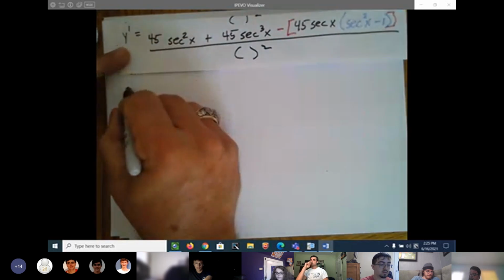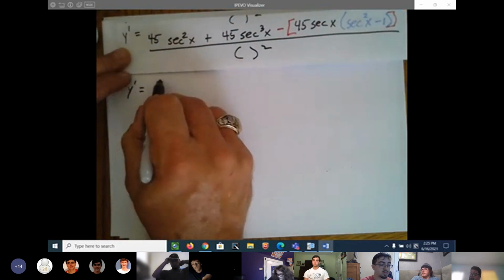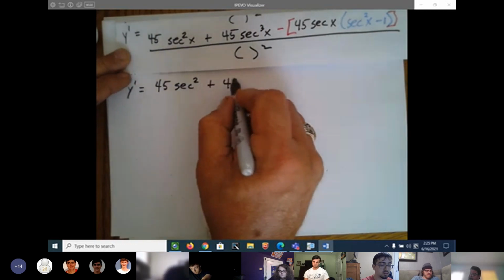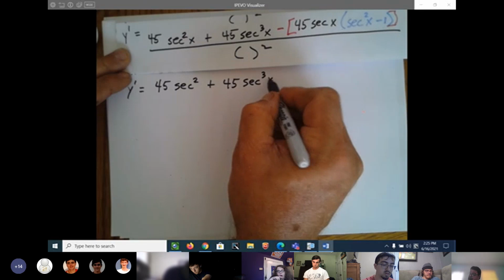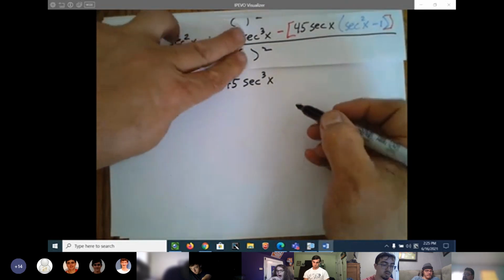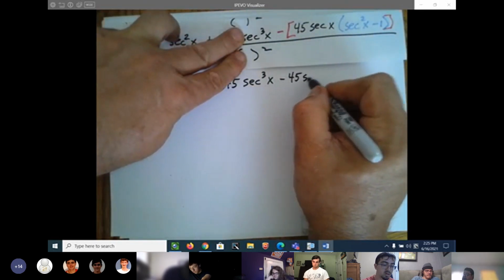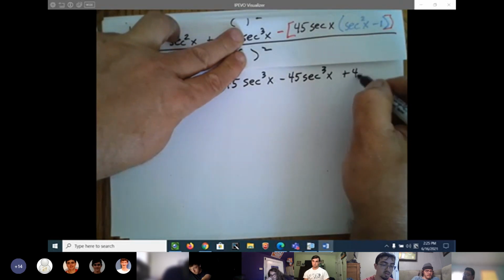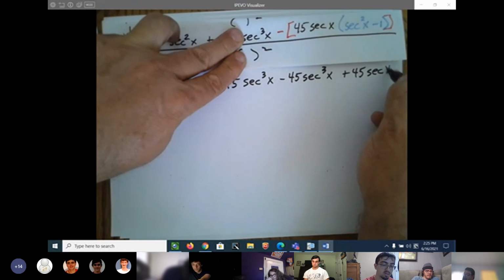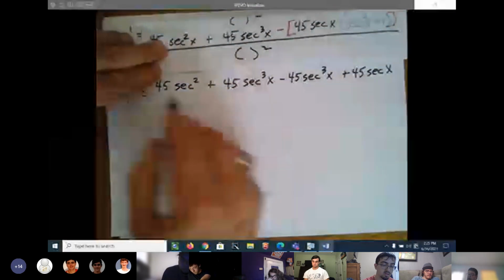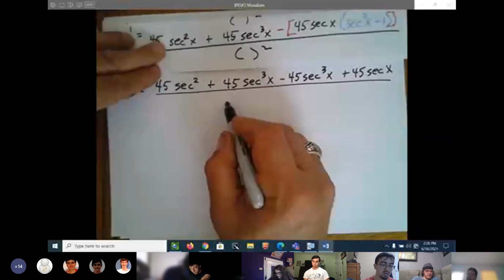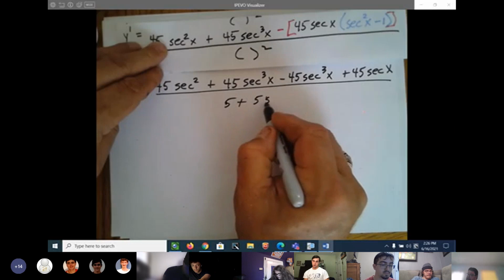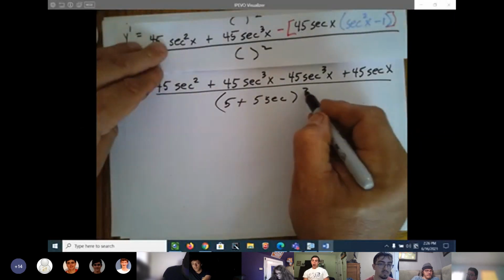And I'm going to go y prime is equal to 45 secant squared plus 45 secant cubed x minus 45 secant cubed x plus 45 secant of x all over, what is it, 5 plus 5 secant squared.